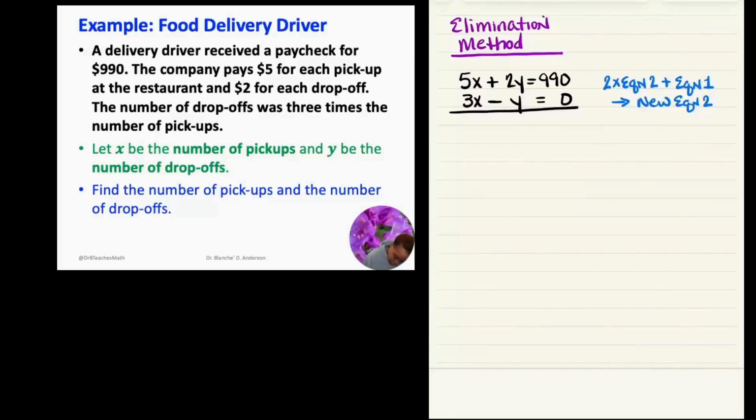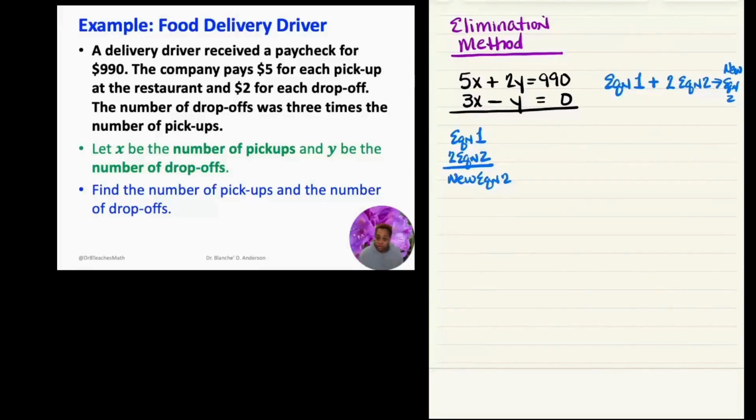I'm going to keep the top equation, equation 1, and then take 2 times equation 2, and we'll get our new equation 2. Okay, sorry that's so tiny.